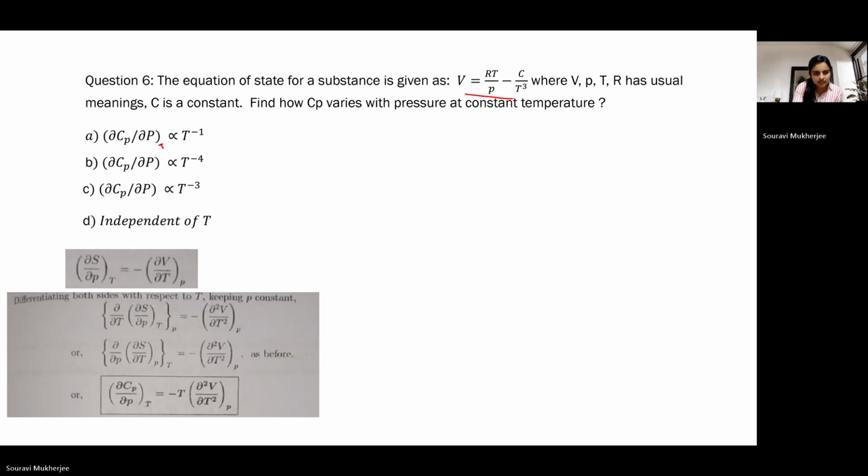See, we want to find Cp. What is Cp? Cp is T ds by dt at constant pressure, right?